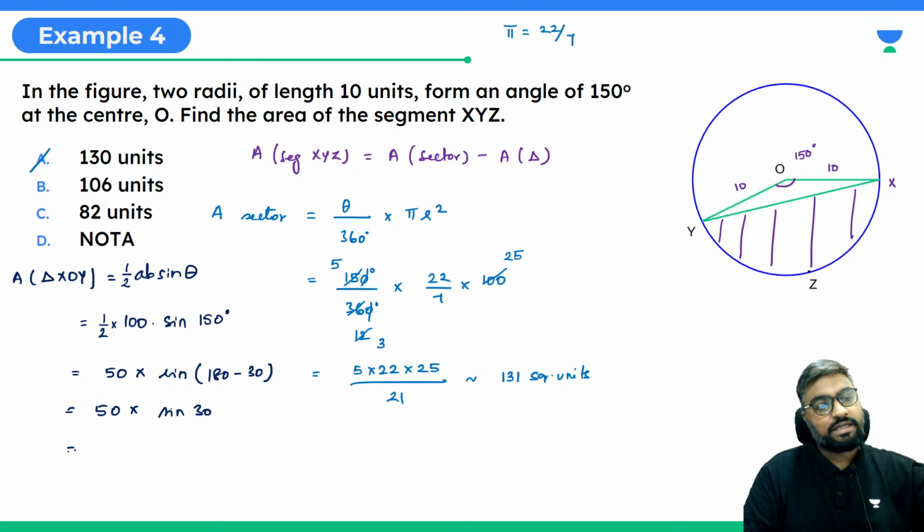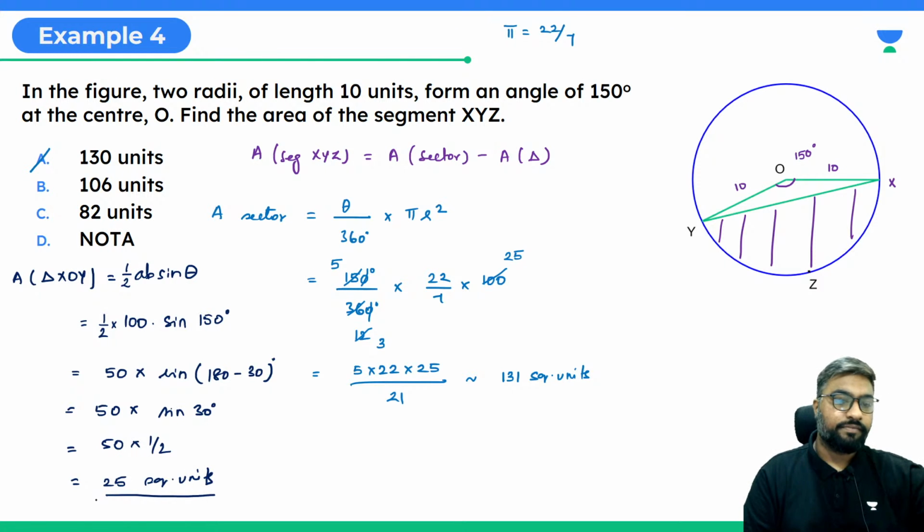How much is sin 30? 1 by 2, correct? So 50 into 1 by 2, we will get 25 square units as the area of this triangle.